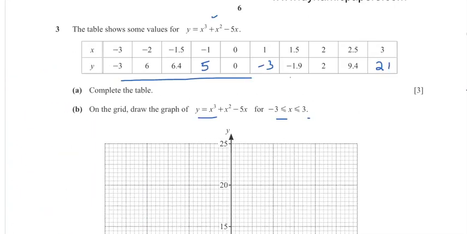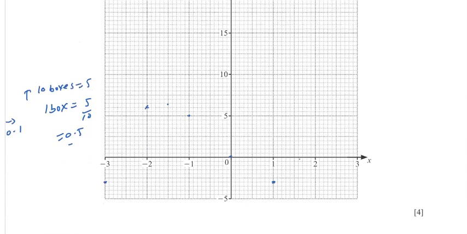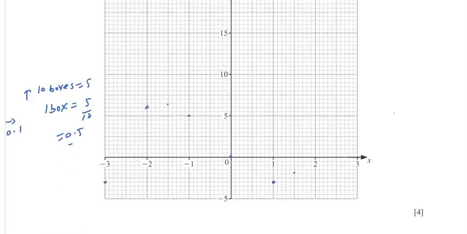Now for x equals 1.5, y is minus 1.9. So this is 1.5, 0.5, minus 1, minus 1.5, so almost here. This one. Then for 2, y is 2.